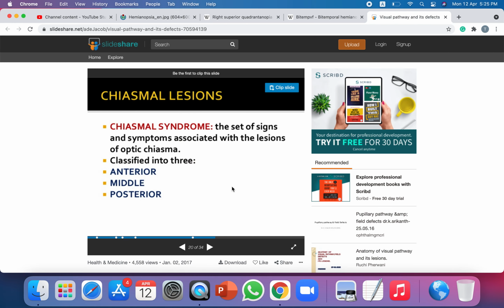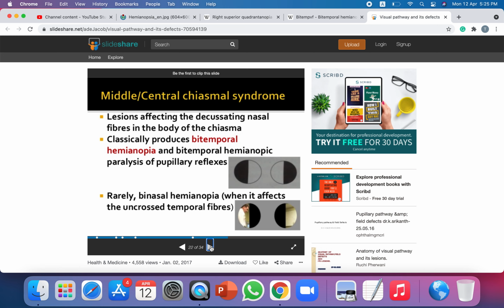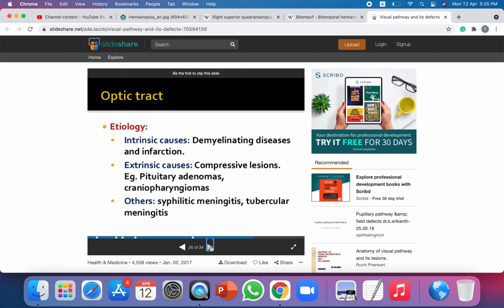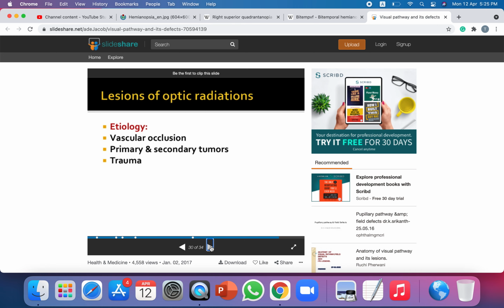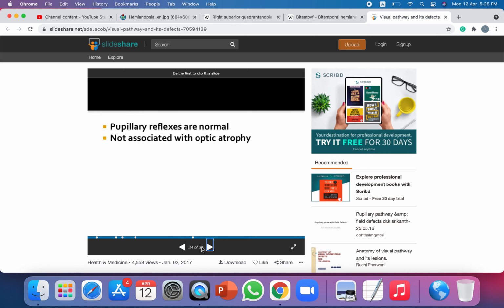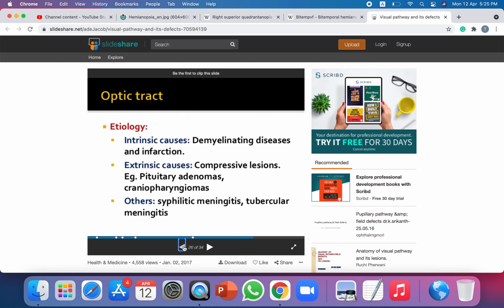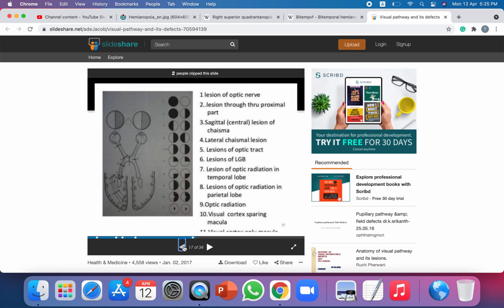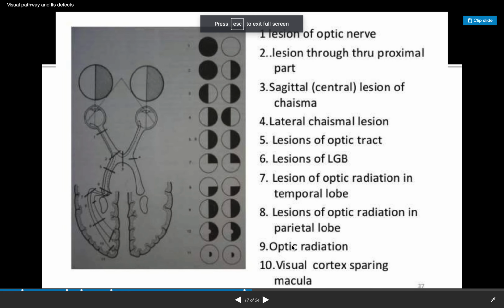So this is the complete picture of the optic pathway lesion. You can see that lesion of the optic nerve will cause blindness here in the left eye.